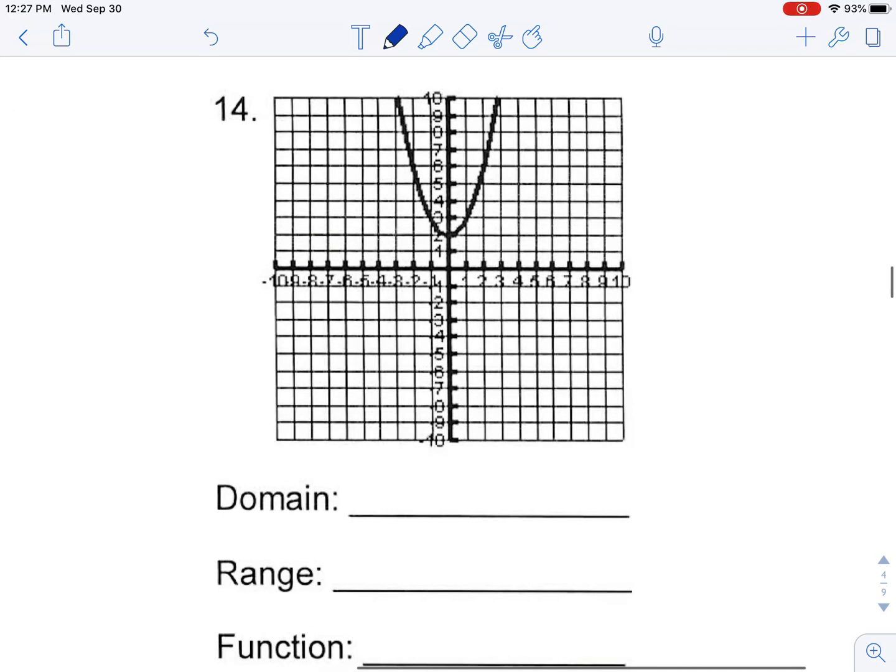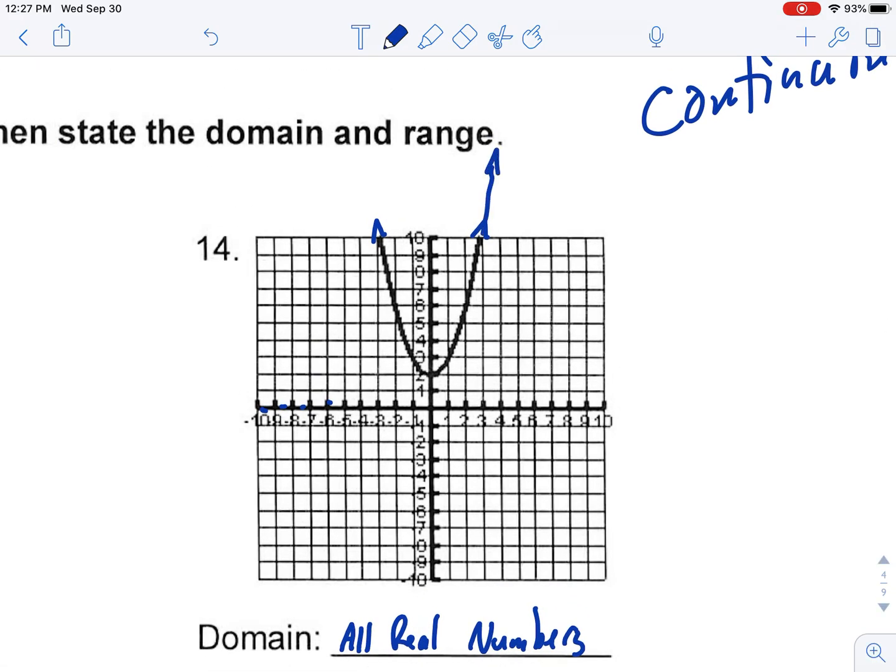So what is the domain? Well, because this graph goes all the way to the left and all the way to the right, we can say that the domain is all real numbers. Every single number. It looks like it is going to go just straight up at some point, but it doesn't go straight. It keeps going outward. You go over 10, 100, a million, a billion, a trillion, negative a billion, negative a trillion.